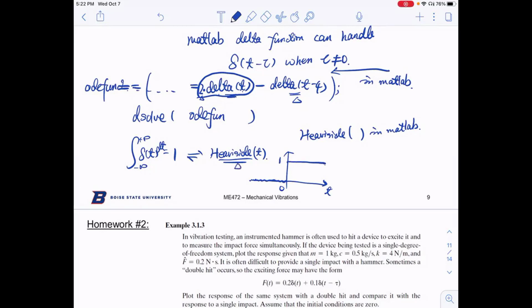So this function is actually discontinuous. I think MATLAB did some trick at time equals 0. In fact, there shouldn't be any value at time equals 0. But what MATLAB did is it assumes that it equals 0.5. I think that 0.5 is going to give you the error in delta t.